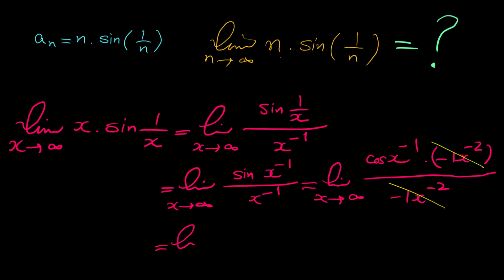So we have the limit as x approaches infinity of cosine of 1 over x, or x to the negative 1. When x approaches infinity, this approaches 0, and cosine of 0 is 1. So this shows that this given sequence converges to 1.